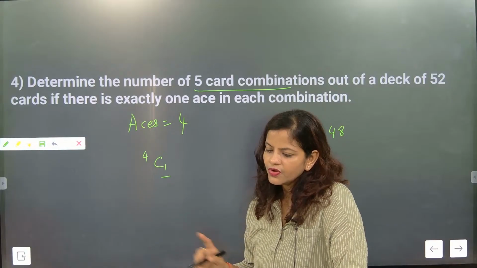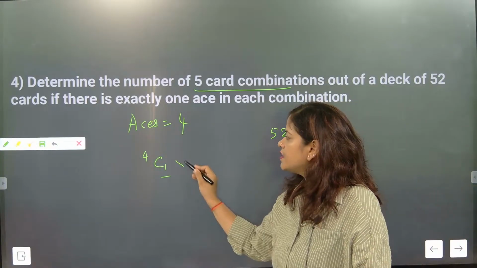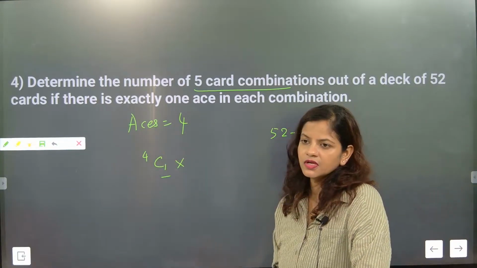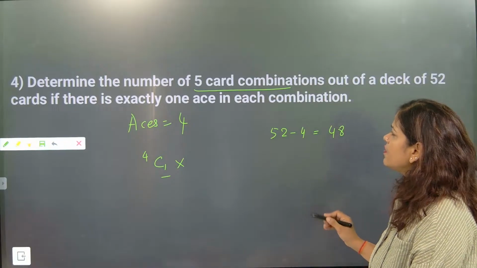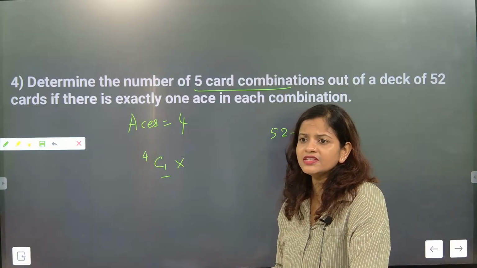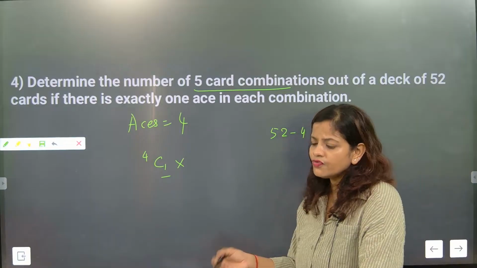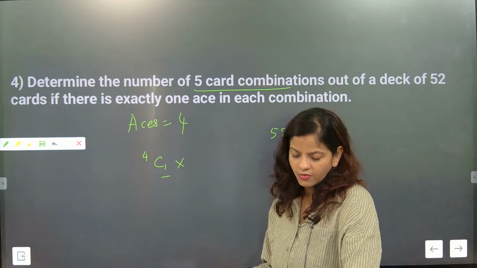I am planning another approach. So here 4 aces. 5 card combinations will have exactly one ace in each combination, but only 4 aces are there.